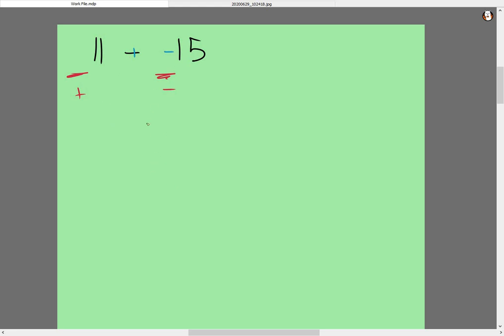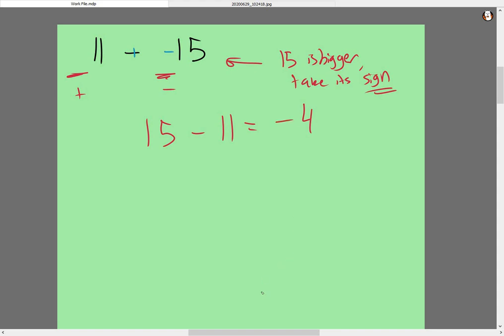So that means I'm going to do a subtraction. 15 minus 11, because you can't really do subtraction with bigger numbers. That's 4. But because 15 is bigger, take its sign. And that sign is negative, so that's -4. So 11 minus 15 equals -4.